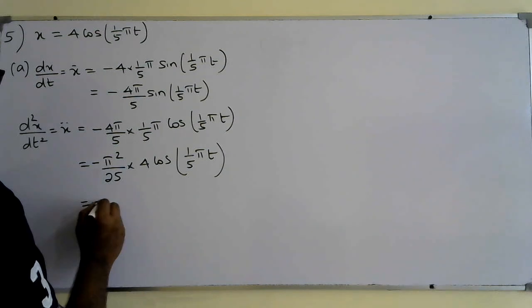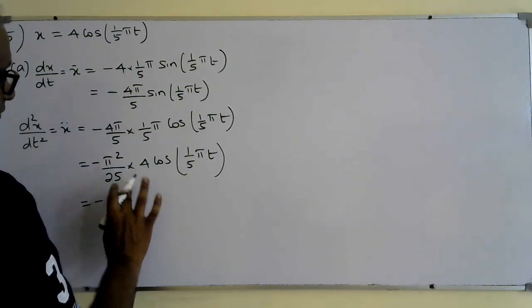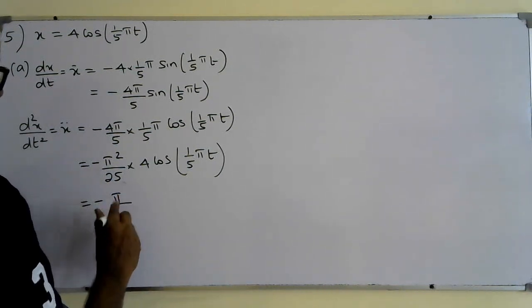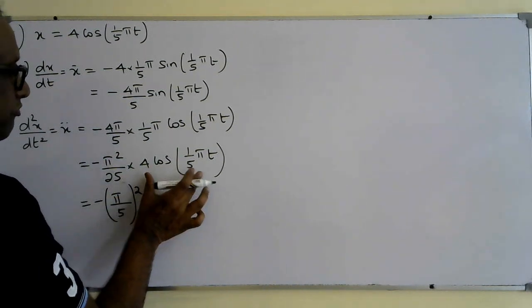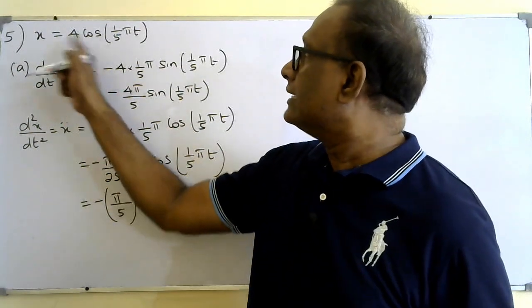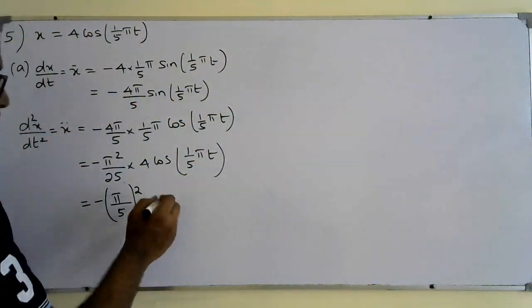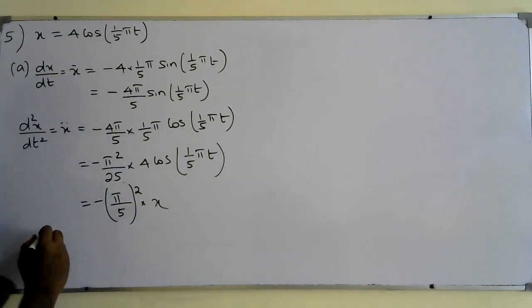So it can be minus pi squared over 25 or pi over 5 all squared. Anyway, I can write minus pi over 5 all squared times 4 cos 1 over 5 pi t, and 4 cos 1 over 5 pi t is equal to x. So into x, this is in the form. Pi over 5 is a constant.